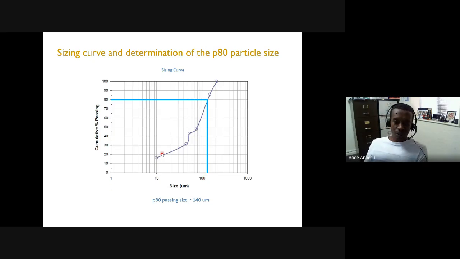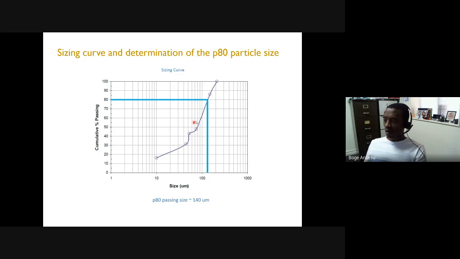But it's not the best way of reporting particle size distribution, because all it says is that the 80% passing size is this. It doesn't tell you what is going on below that 80% passing size, because different particle size distributions can have the same P80.